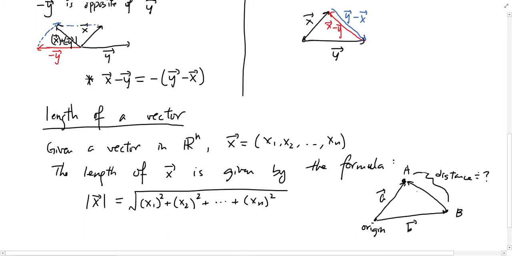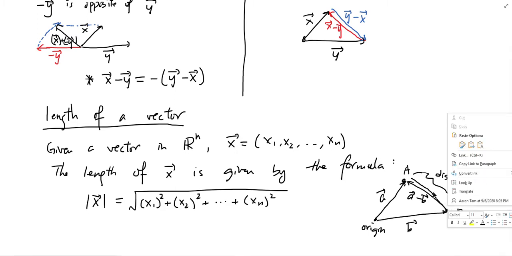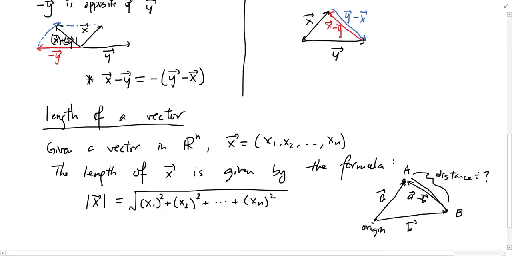The vector that I drew right here would be A minus B, or you can do this vector, which is B minus A. And then the distance would just simply become the length of these two things, and you can use this formula to calculate the length.